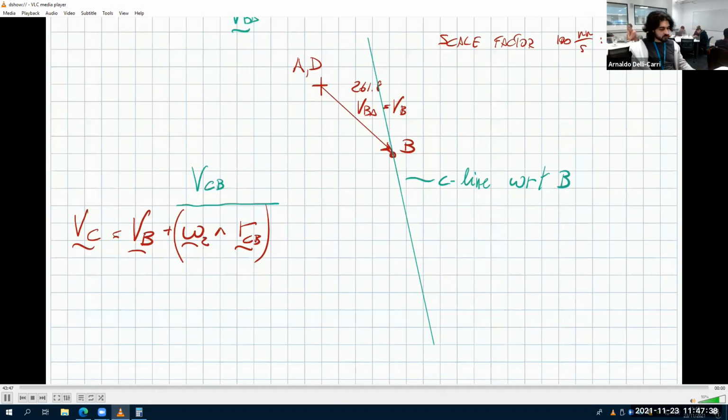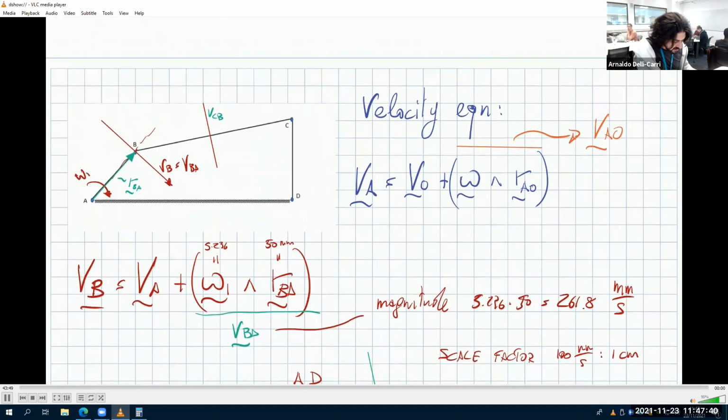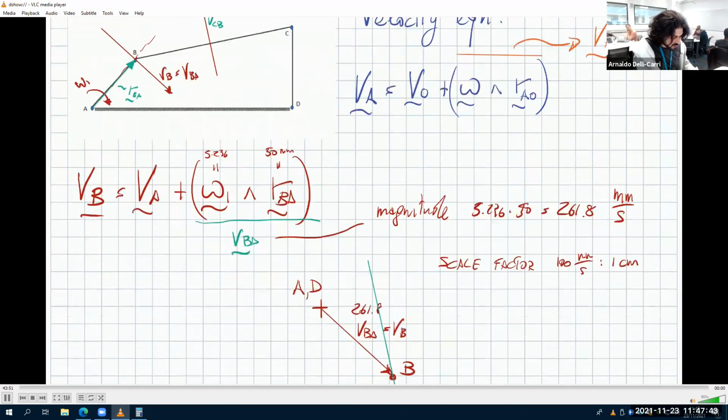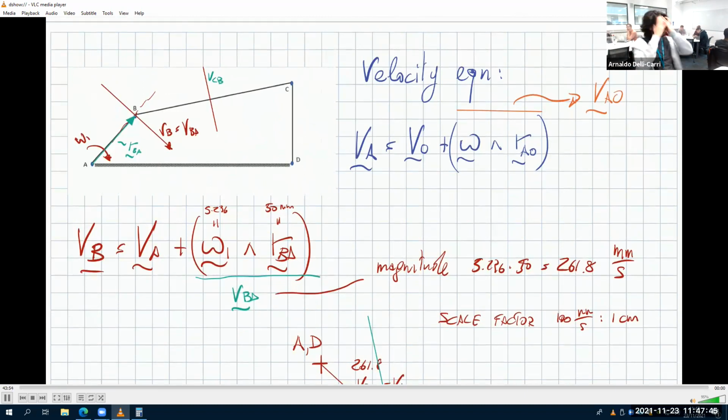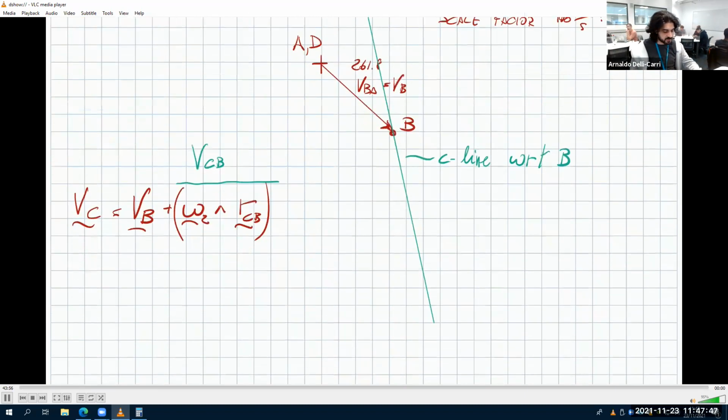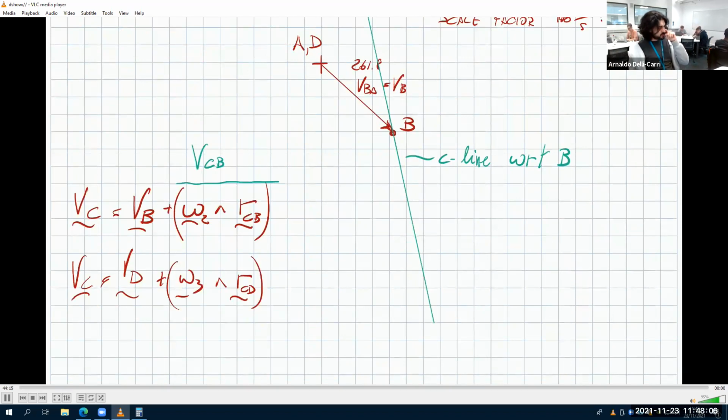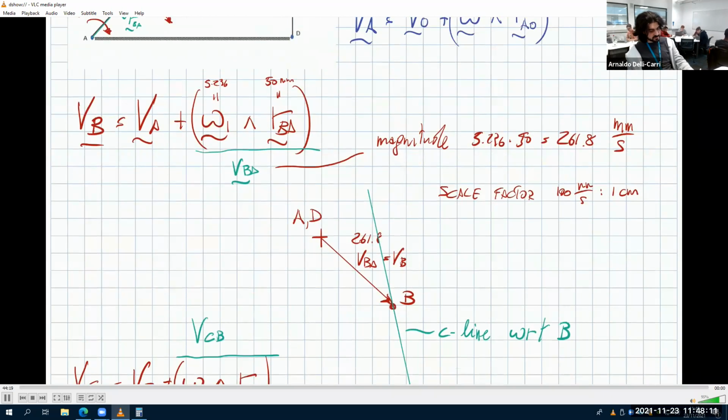So let's find out what is the C line with respect to D, because now we can do the same thing using a different reference point. So we say that VC is also equal to, by just changing reference point, VD plus omega 3 vector RCD. Agreed? And now this is 0. So that means we can start from here.